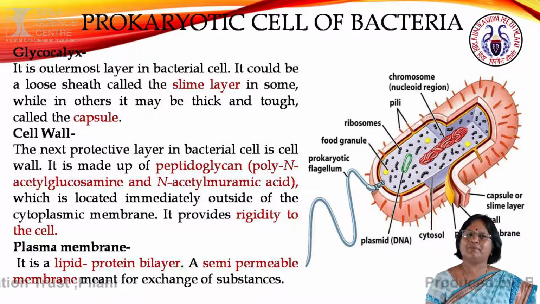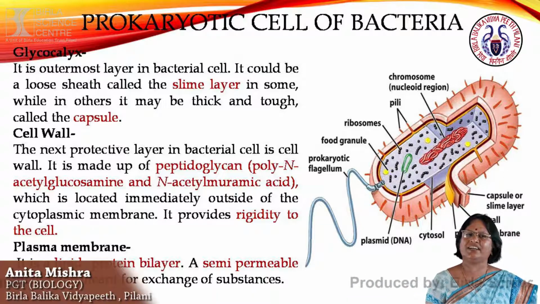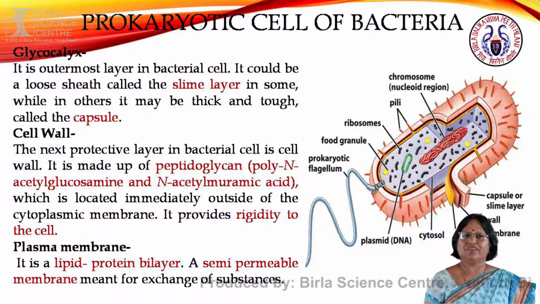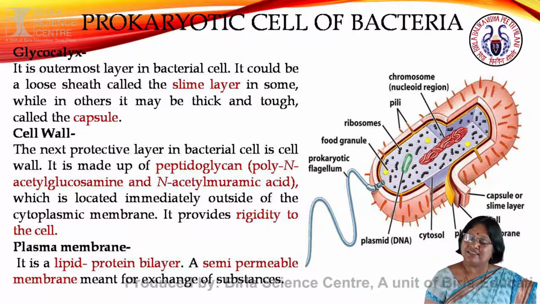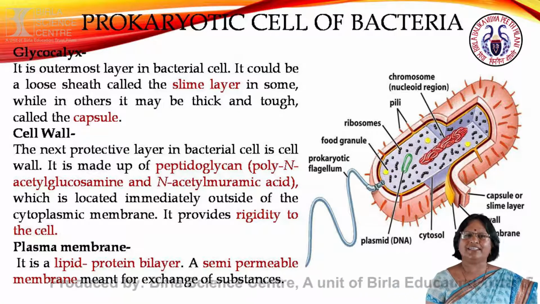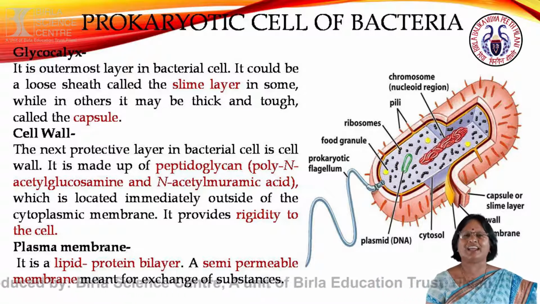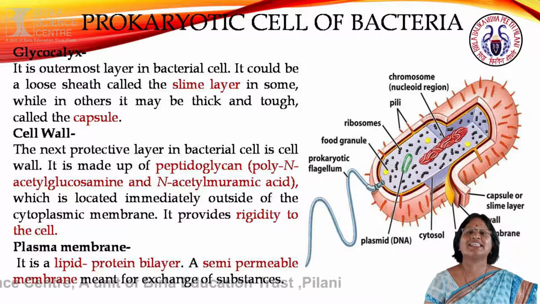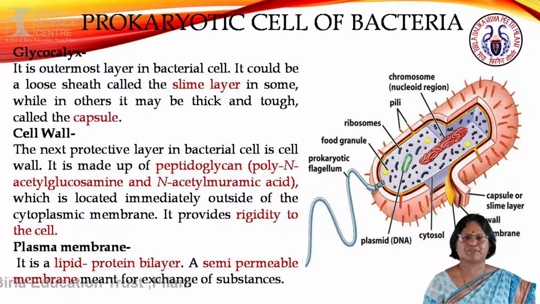And why is it slippery in nature? It is slippery in nature due to the presence of a polysaccharide, a sugar. Okay, then the other category of bacteria which have glycocalyx, not made up of slimy layer, rather their glycocalyx is a tough resistant layer which is known as capsule.